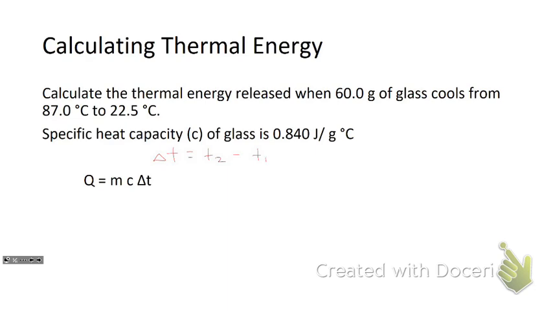Okay, so the change in temperature is equal to the first temperature subtracted from the second temperature, or you could also write this as temperature final minus temperature initial. Okay, so this is our final temperature, and this is our initial.